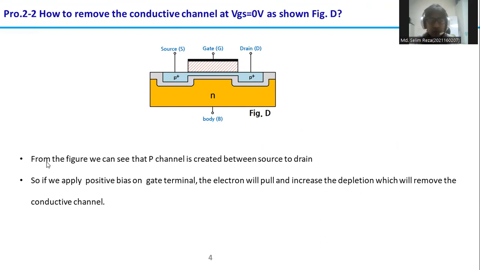We can see the P channel is created between source and drain. This P channel is removed if we apply a positive bias to the gate terminal. So the electrons will be pulled, and the depletion region will remove the conductive channel. So this will be removed by applying a positive bias to the gate terminal.